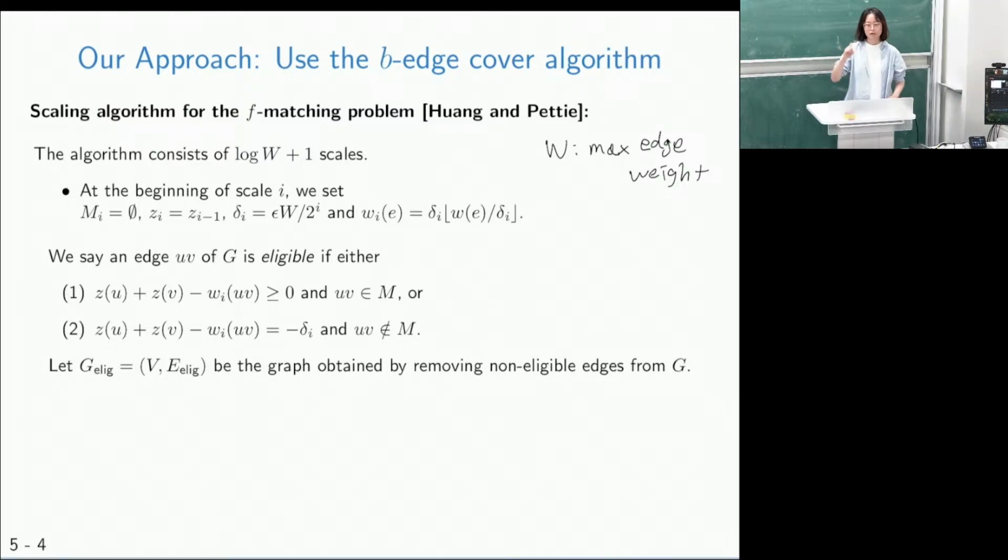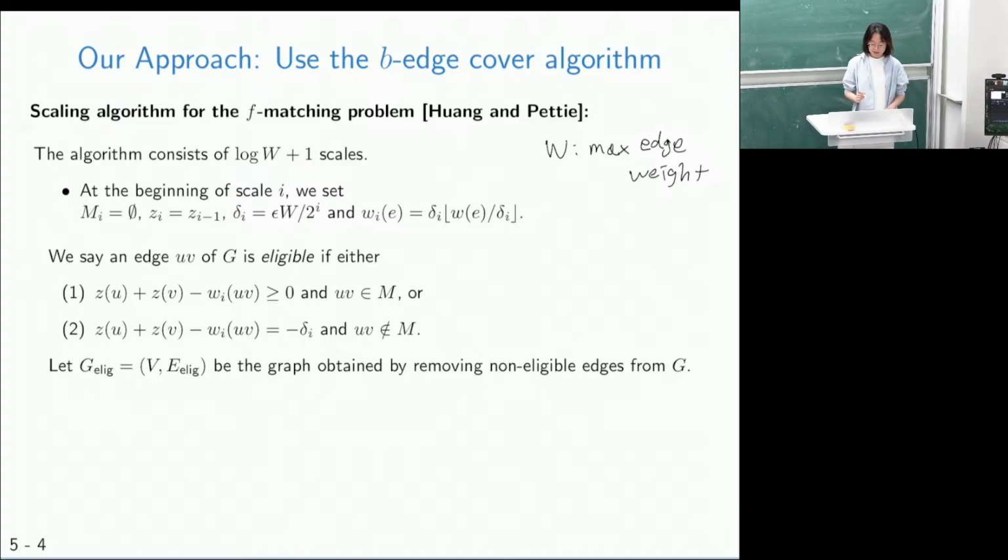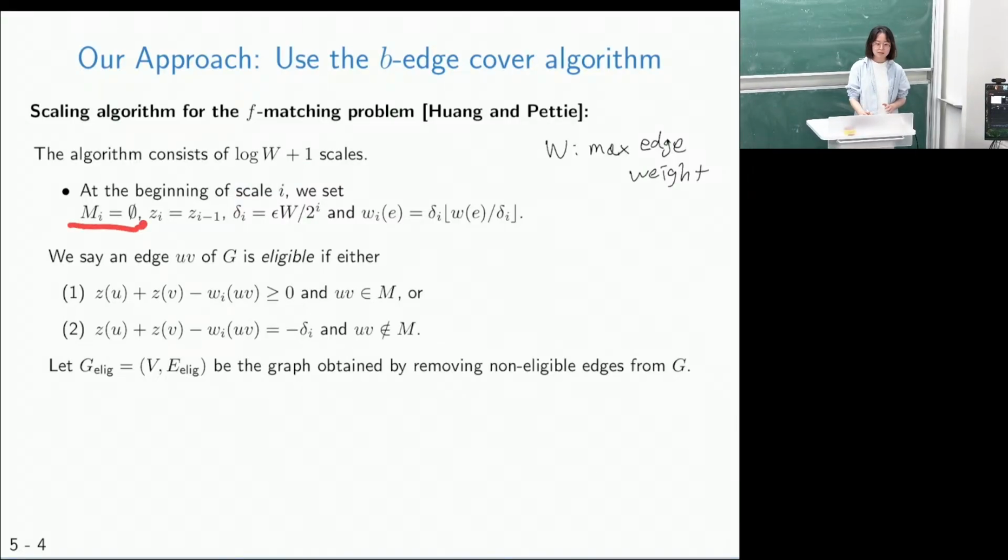It consists of log W plus 1 scales, and at the beginning of each scale, we start with the empty matching, and the dual comes from the previous scale. Then we set this error parameter at the beginning of the scale, and we set this approximate edge weight.